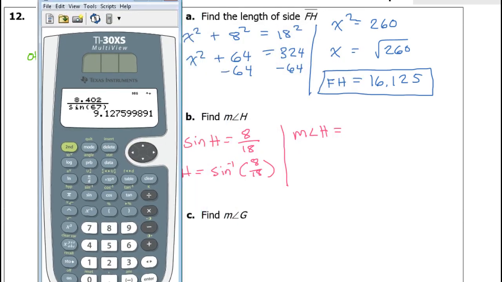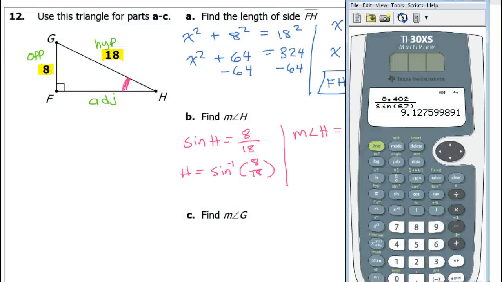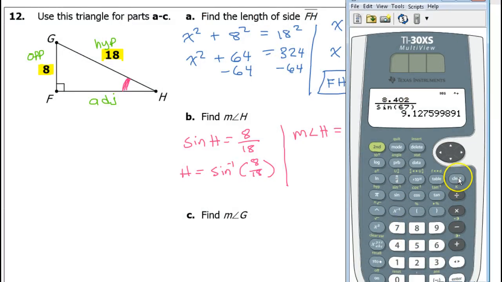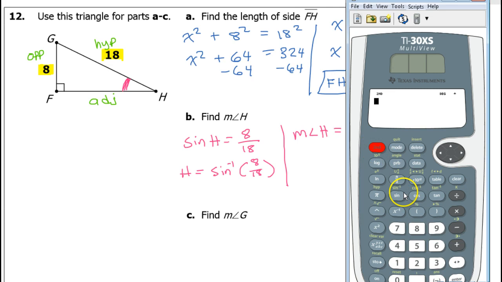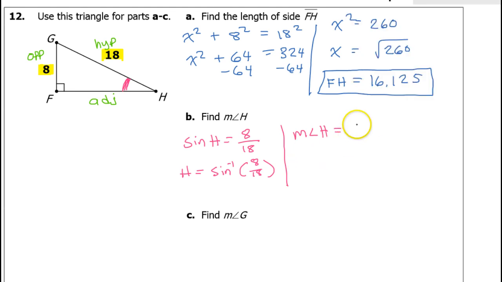Okay, so we will say inverse sine, so second sine, and then 8 over 18. Boom. 26.388. Got to round up. Degrees.